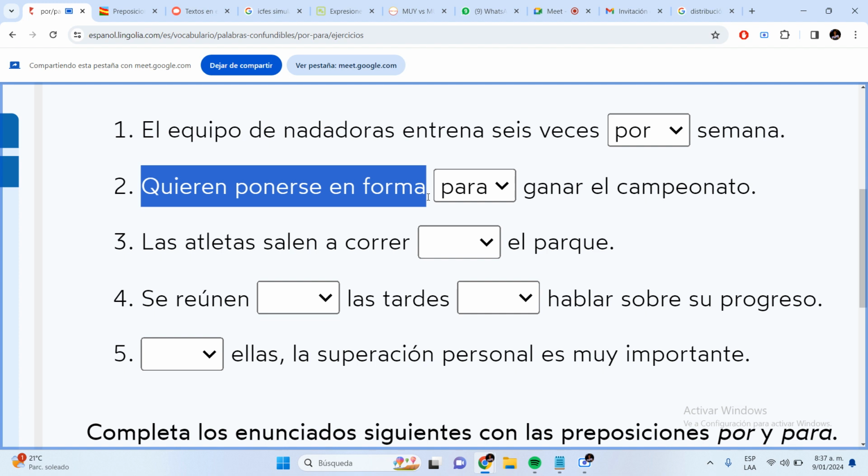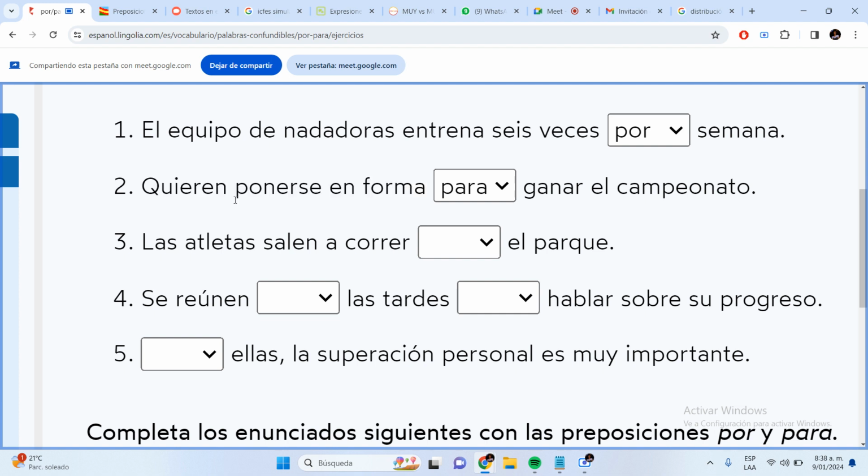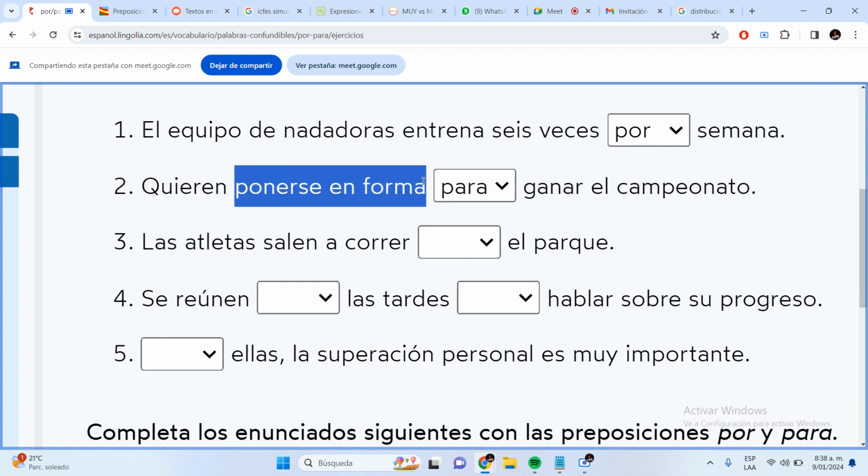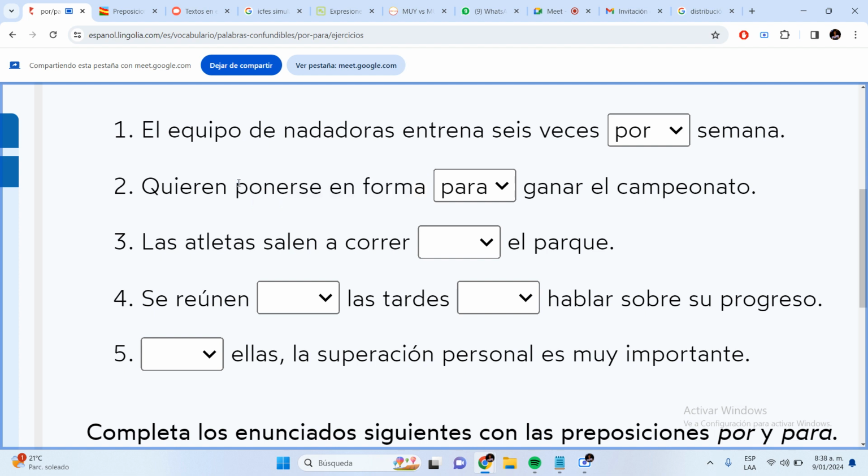Ponerse is like putting, right? But the whole phrase to be in shape is ponerse en forma, because you're not already in shape, you're going to be in shape. If you are in shape, it is estar en forma.